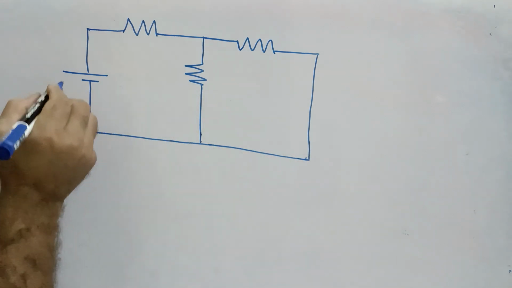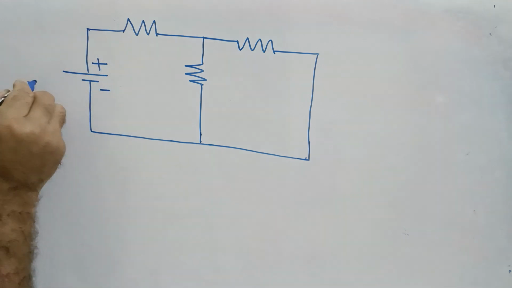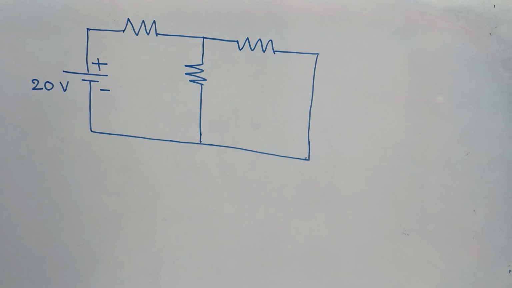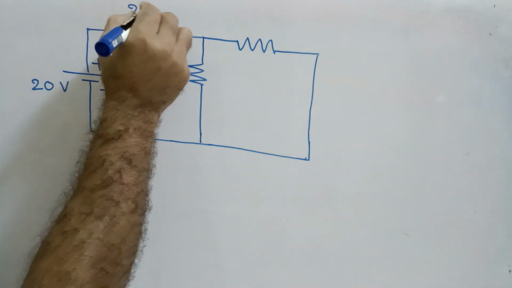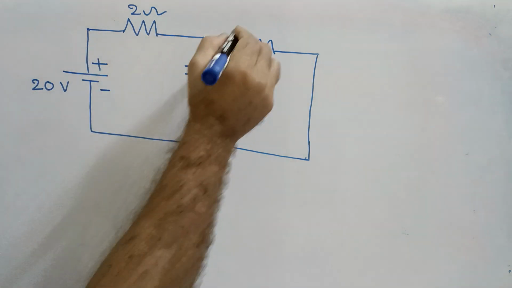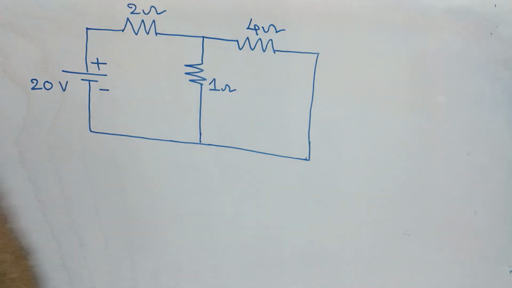Consider a 20 volt voltage source, with plus and minus terminals, a 2 ohm resistor, a 1 ohm resistor, and a 4 ohm resistor. This is the simple circuit.